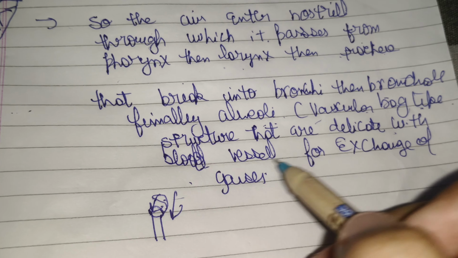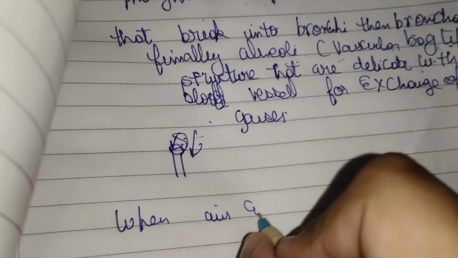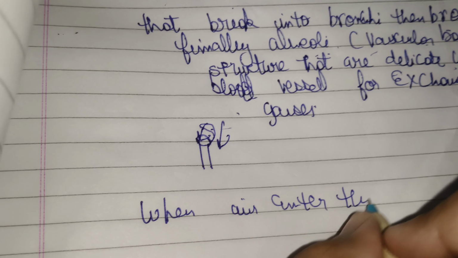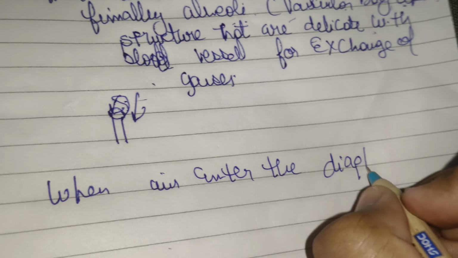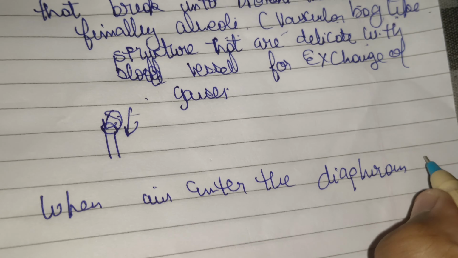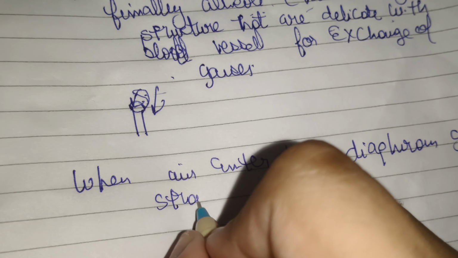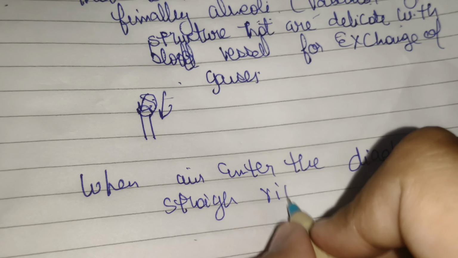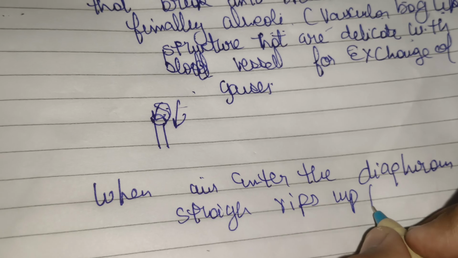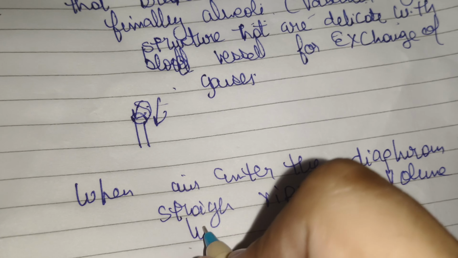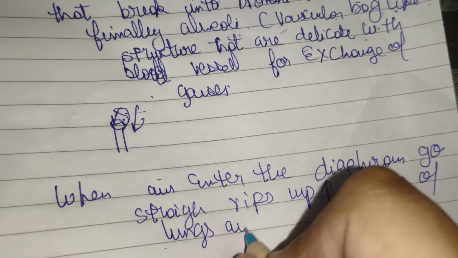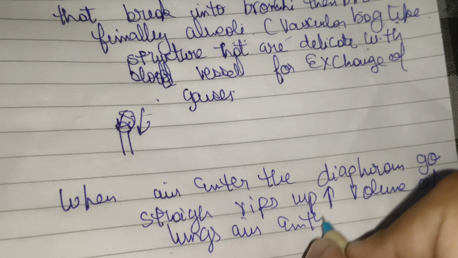So what actually happens when air enters? The diaphragm goes straight, the ribs go up, the volume of the lungs increases, and air enters.